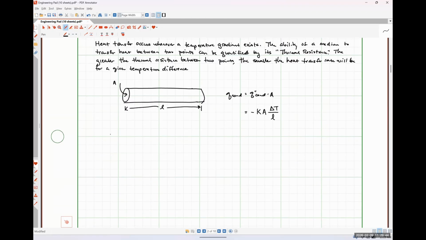So we could say that our thermal resistance in this system is going to be the magnitude of our change in temperature divided by our heat conduction, which would be 1 over K times length over area, which is essentially analogous to the relationship resistance R is equal to 1 over electrical conductivity times length over area.